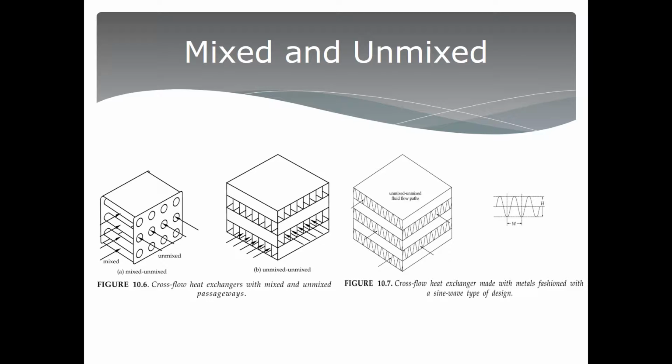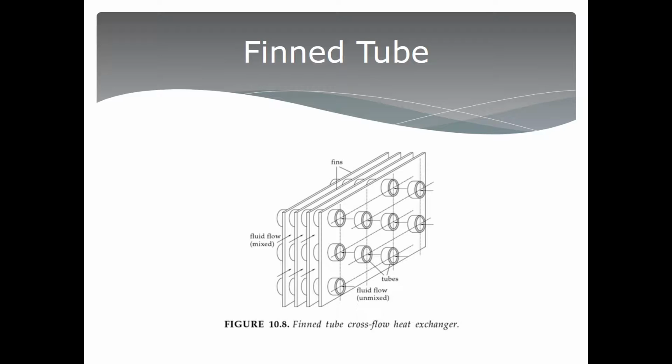This type is primarily used in some oil coolers. Figure 10.8 shows a finned tube design in which tubes are pressed through thin metal fins. The fins act to increase the heat transfer due to the increase in surface area.